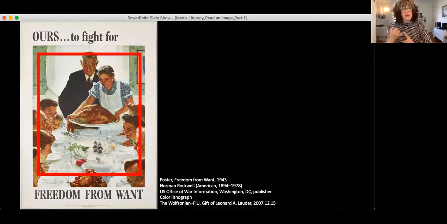And they were freedom of speech, freedom of worship, freedom from fear, and freedom from want. And so they're kind of two positive freedoms and then two freedoms of absence. And that really became one of the ideological underpinnings for the United States entering World War II. And so this is an incredibly important series of posters, and they're also incredibly simple. Central image, simple text. Not all images are that simple, however.